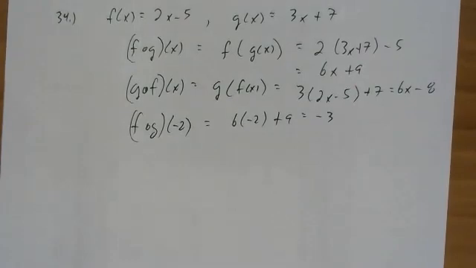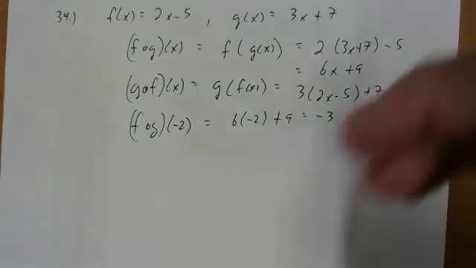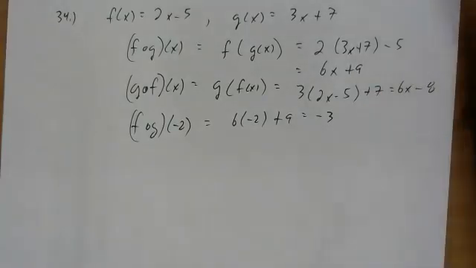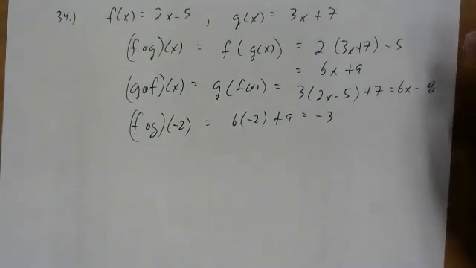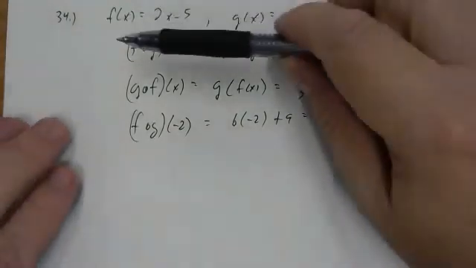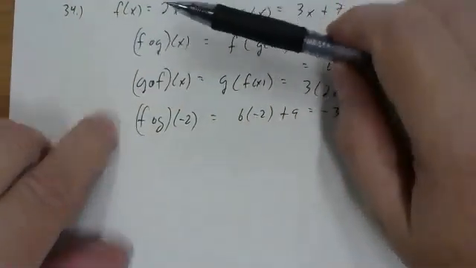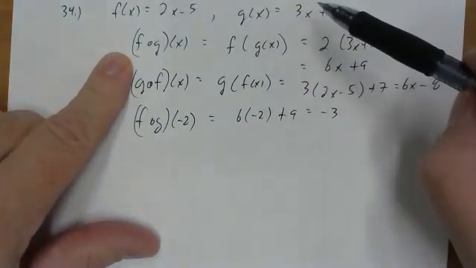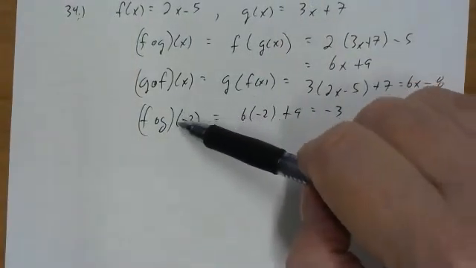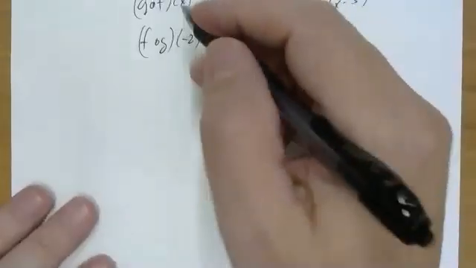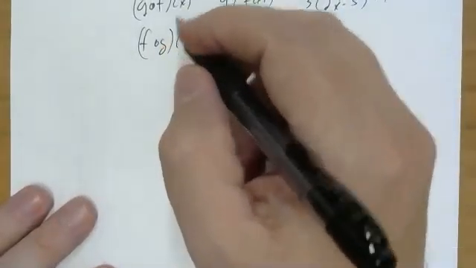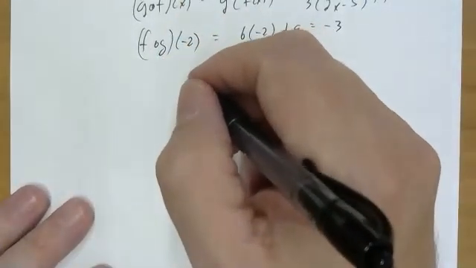Although let me show you, if you were not given these first two parts, say they just gave you this and asked for this, there's a simple way to do that.